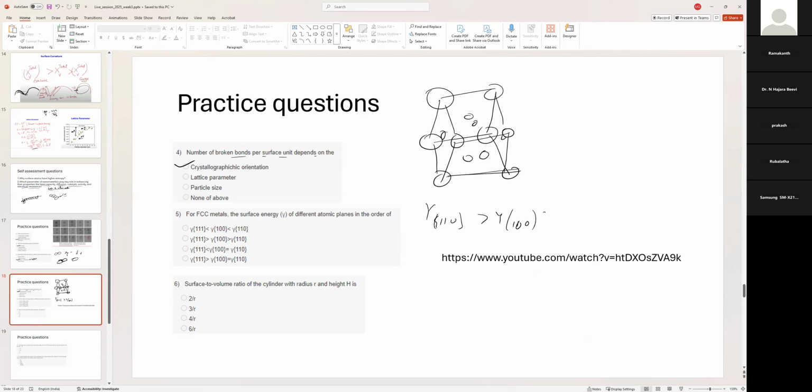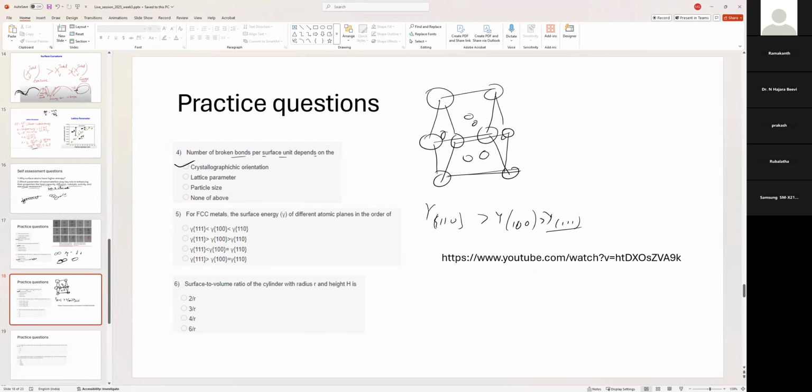The explanation is that the most densely packed plane has the lowest energy.